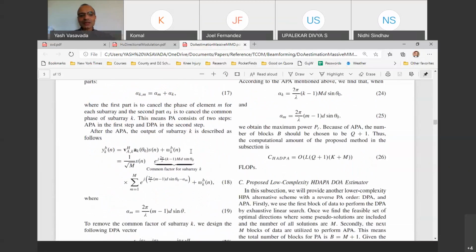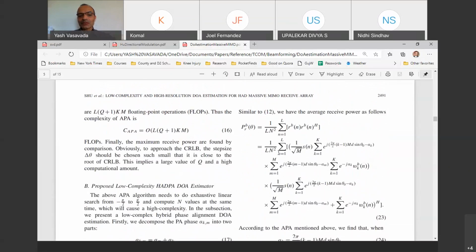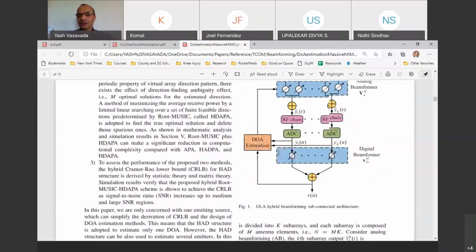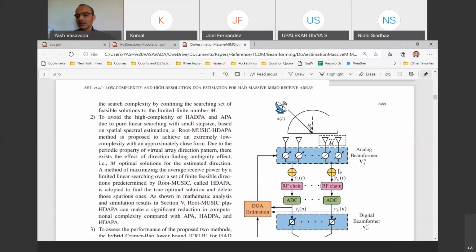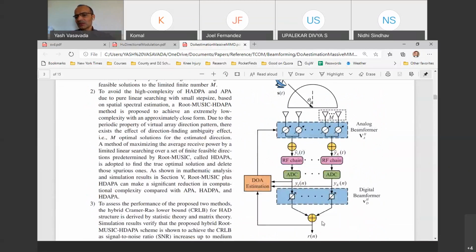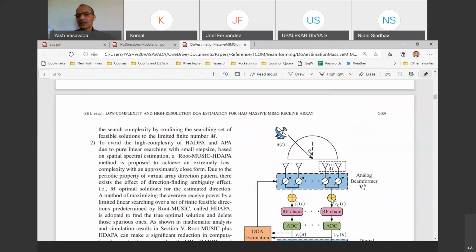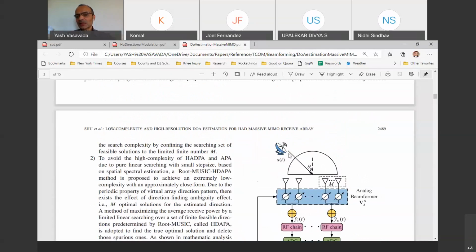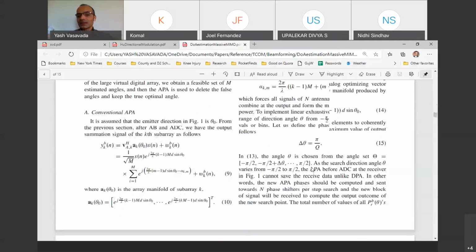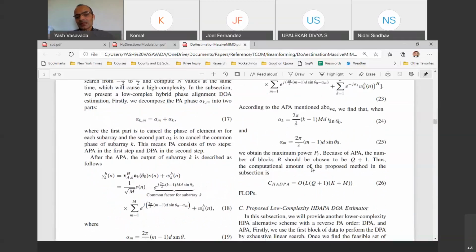And that is what they have analyzed here. What type of phase shift they would want to put on this analog part, what type of phase shift they want to put on the digital part, so that they get the angular spectrum, whose peak will tell them the value of theta naught. That is all.